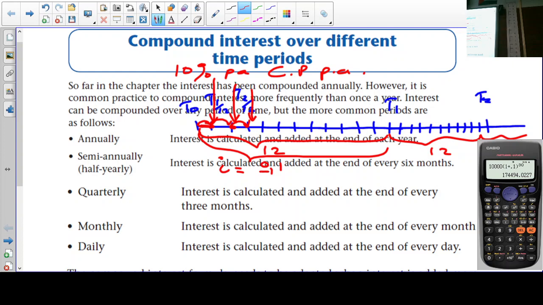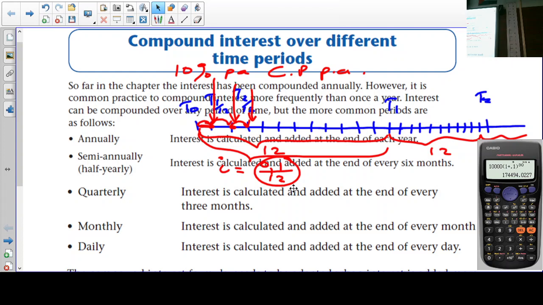That's how you're going to vary your i. So how many times is it going to be taken? 36 times. How do we get 36? 3 times 12. And your interest gets divided by 12. So your time period is going to be multiplied by 12, while your interest will be divided by 12. Make sense?